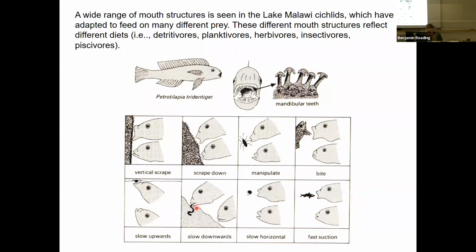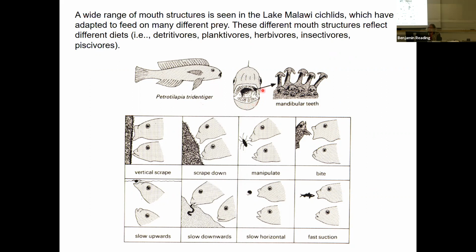Some are designed to forage in the benthos, not just to scrape stuff off of stones, but with more of a pipette mouth, designed to sift through the benthos to find invertebrates, for instance. Some are designed with this suctorial feeding, a predatory quick motion to inhale something whole, whether that be small things like invertebrates or larger prey items like other fishes. Lots of variation here in the feeding structures of family Cichlidae.